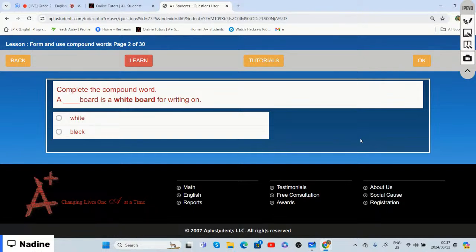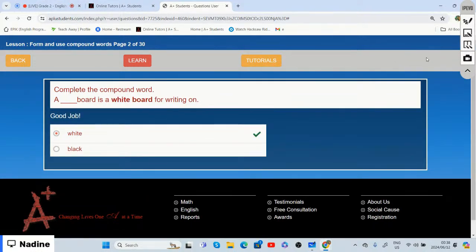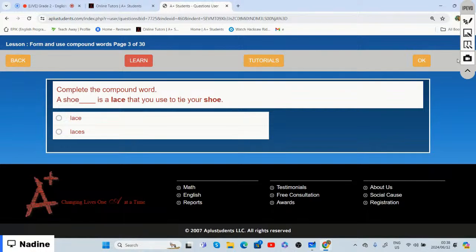Yes, if we were to choose the correct one, we will say a whiteboard is a whiteboard for writing on, right? So well done. Whiteboard is correct because a whiteboard is a whiteboard for writing on.